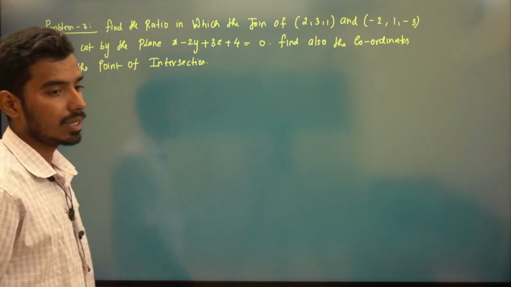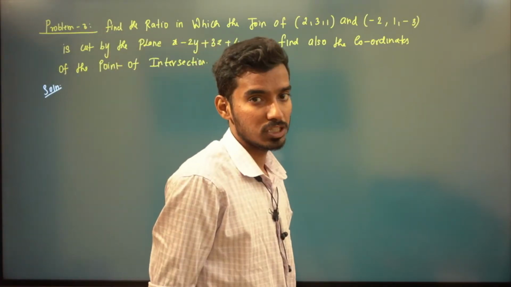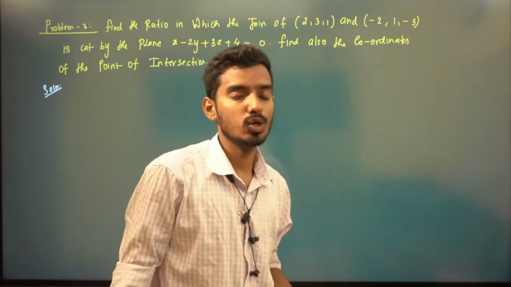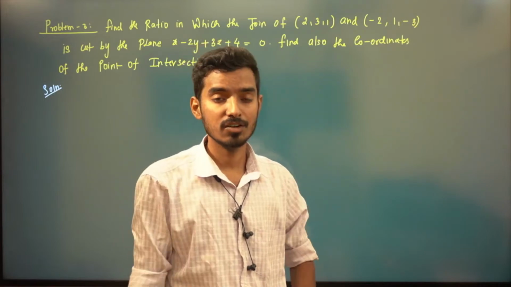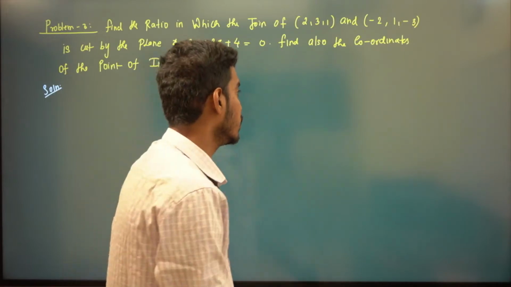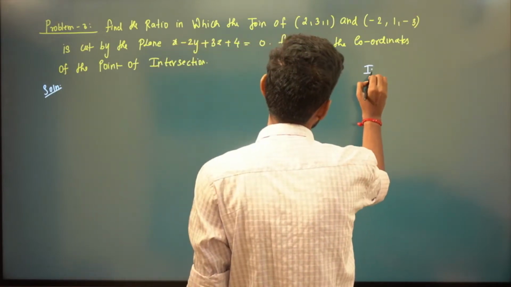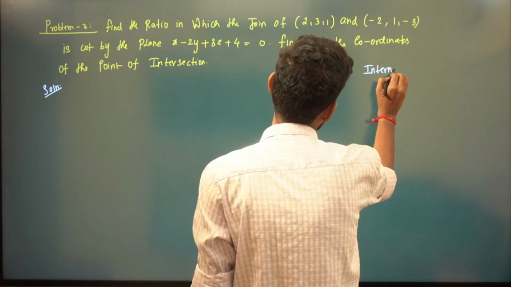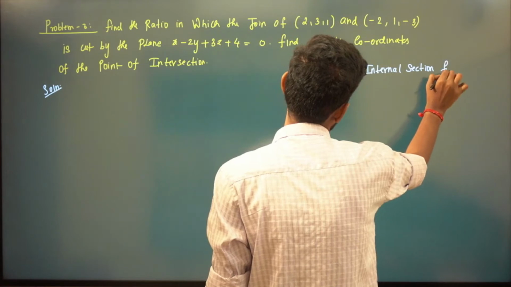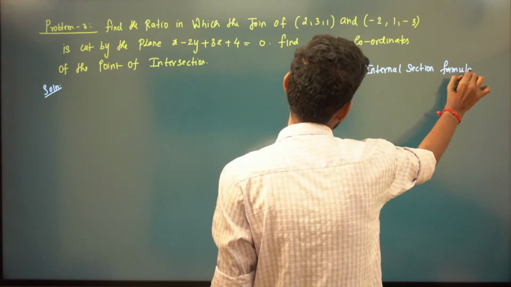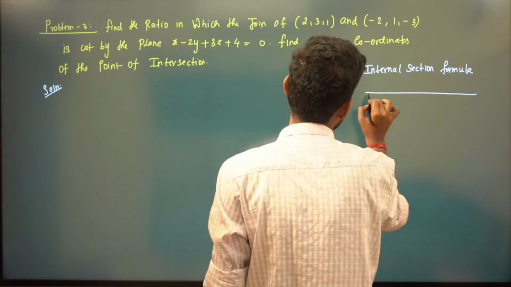See, first we will recall one thing and then we will do this problem. In the 10th standard, you have studied the internal section formula and the external section formula. Just recall that. What is the internal section formula? In coordinate geometry, you have learned it in 2D.